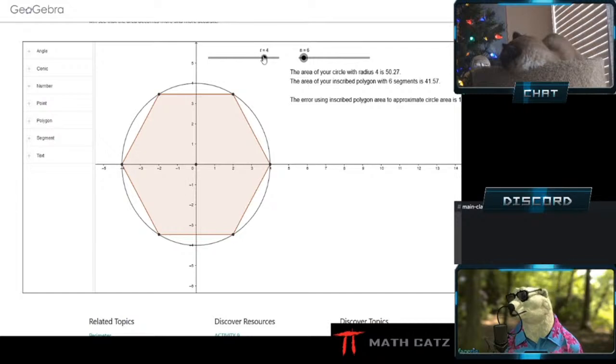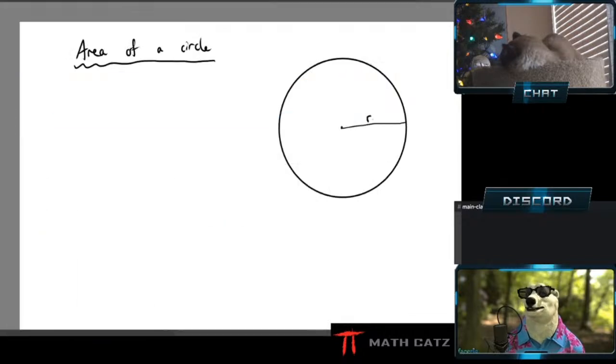The size of the circle can change. It can be whatever. So let's pick a circle with radius r, I don't know what it is. I want to have an idea of where the formula for the circle may come from.